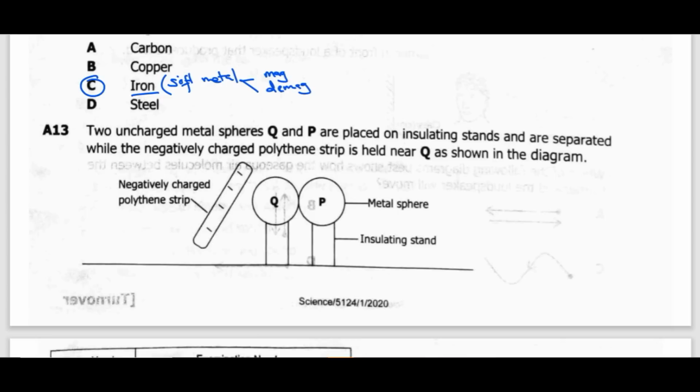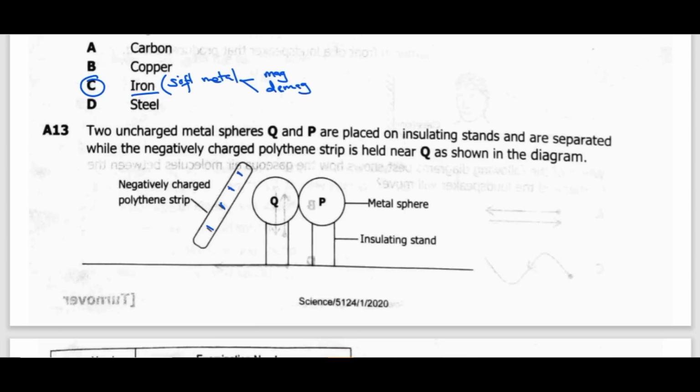This is the polythene strip, and it is negatively charged, as we can see from these negatives here. And then we have these spheres, which are uncharged metals.